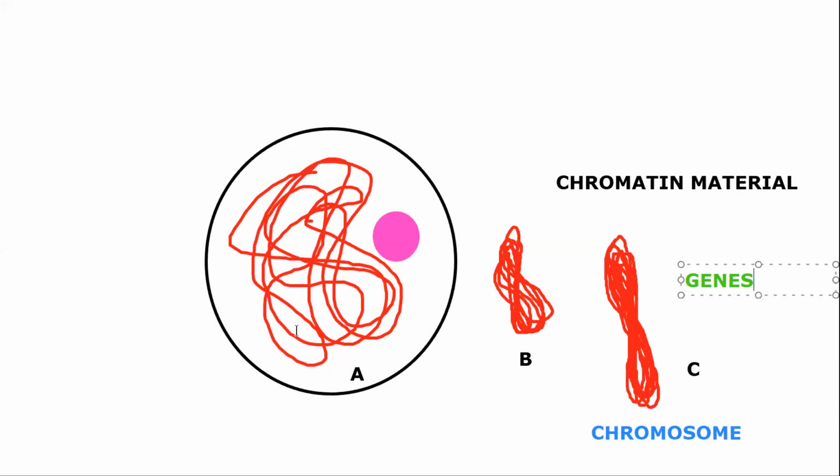This entire thing is nucleus. The red loosely packed structure is nothing but chromatin material. Pink color one is our nucleolus. When the cell is about to divide, this chromatin material will undergo change. What change will happen? They will undergo condensation and they will look something like B. Then this B structure will condense more and it will look something like C. And when it takes such shape, we call it as chromosome.